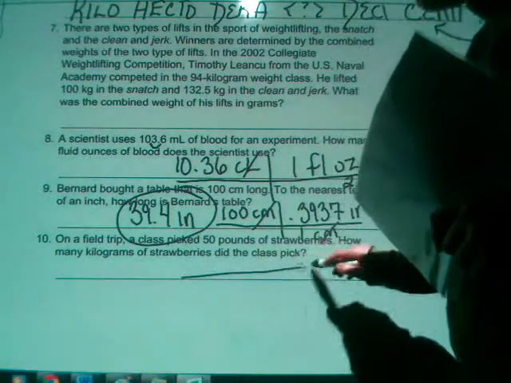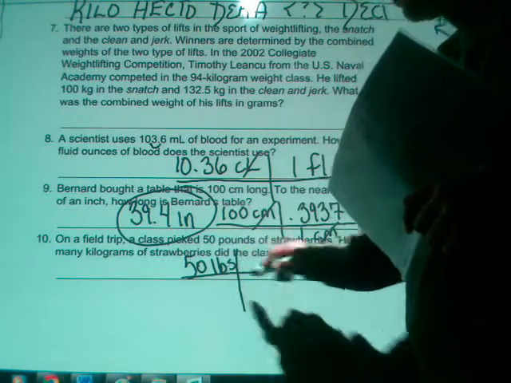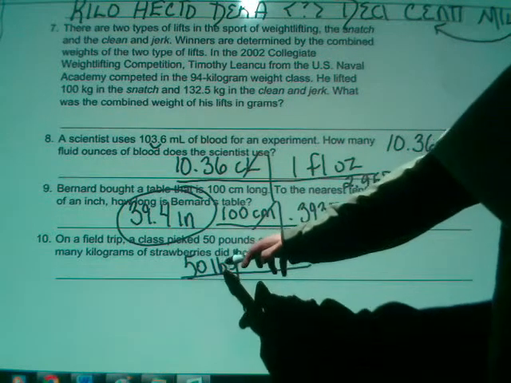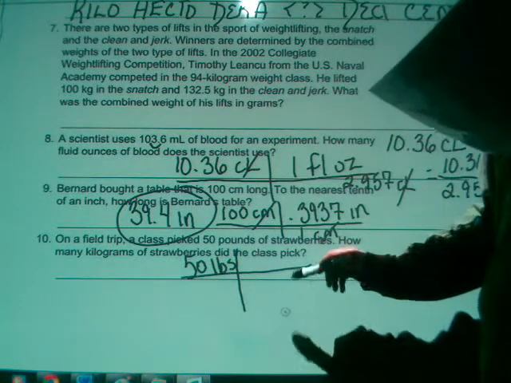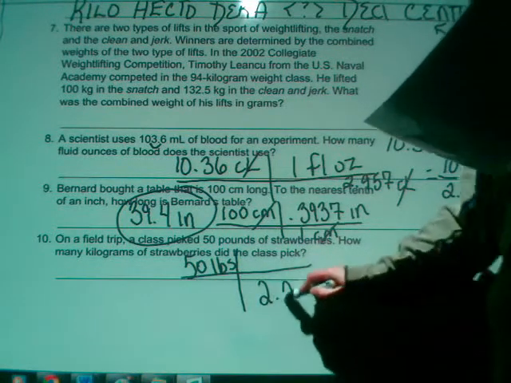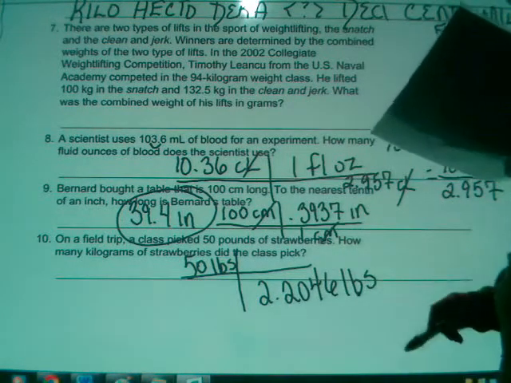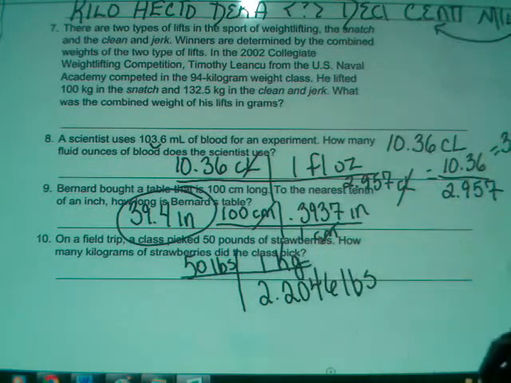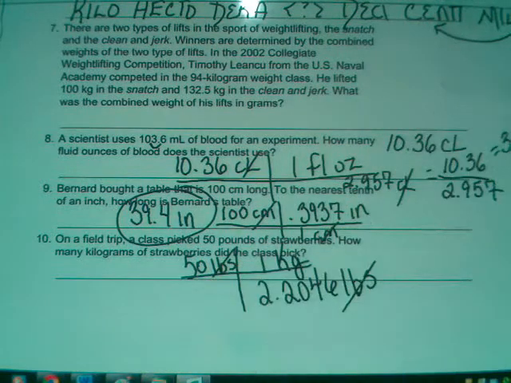I'm starting off with 50 pounds. And over here is that conversion factor. Since I want to make pounds go away to end up with kilograms, we know the other pounds thing is going to have to go down here. So we've got 2.2046 pounds being the same as 1 kilogram. Notice pounds cancels pounds diagonally, and I'm left with kilograms.